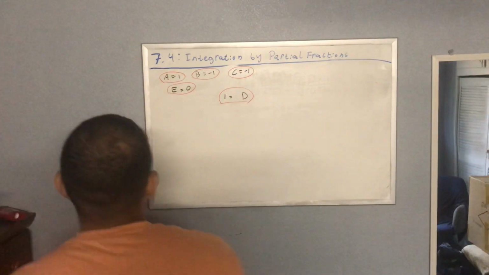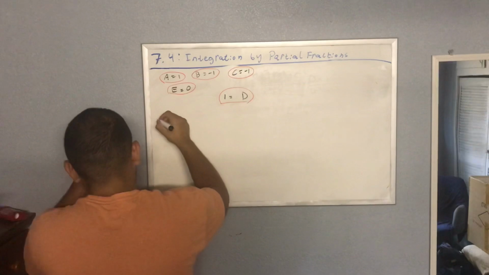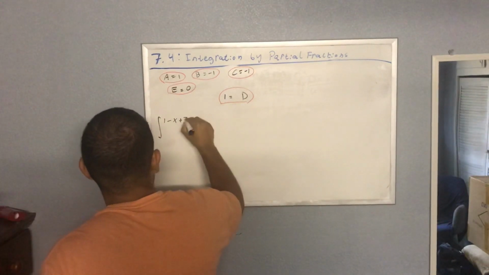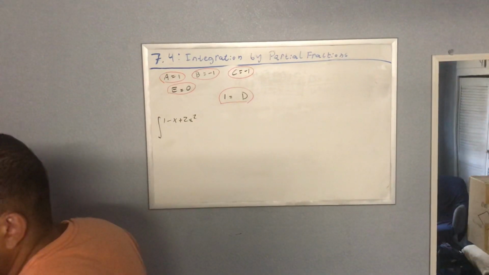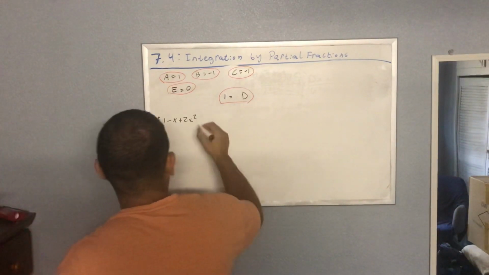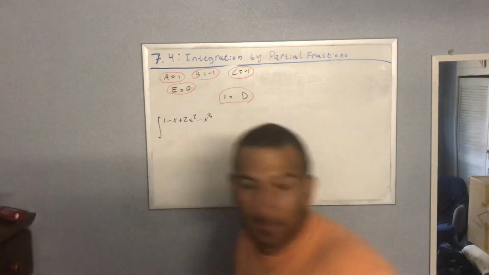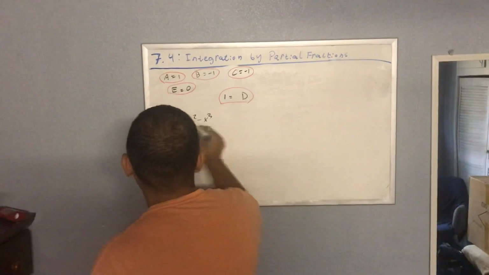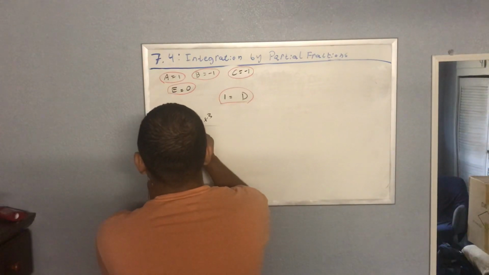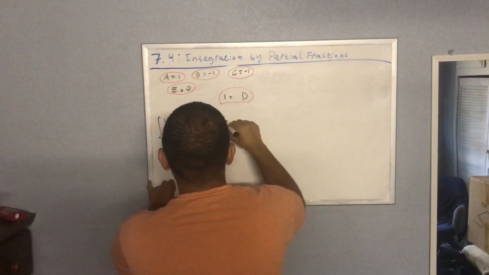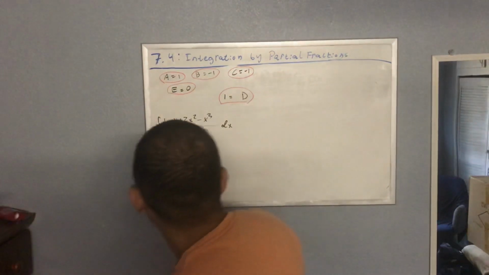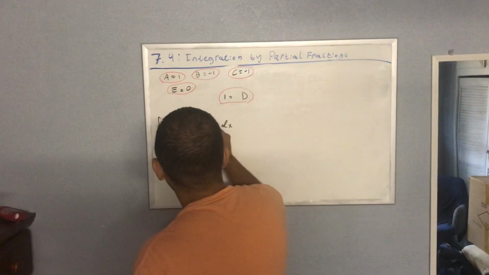So now we know that the original integral that we started with, that guy there, x squared plus 1, I'm sorry, x squared plus 1 squared, there we go.